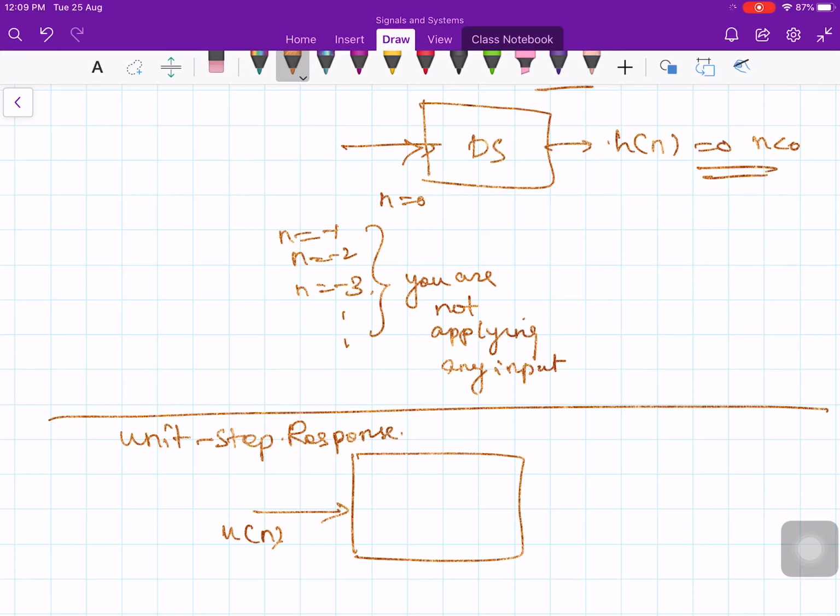And now the output is usually denoted by small s of n. So this is the unit step output, or you can also call it unit step response.